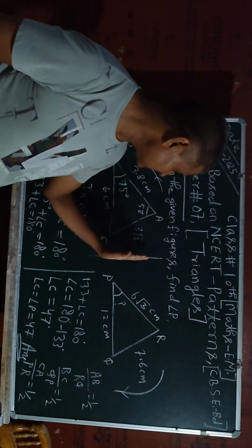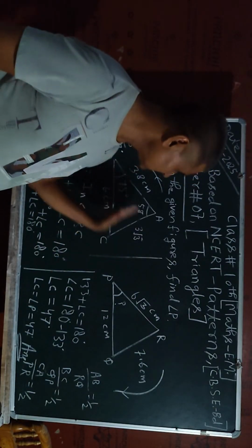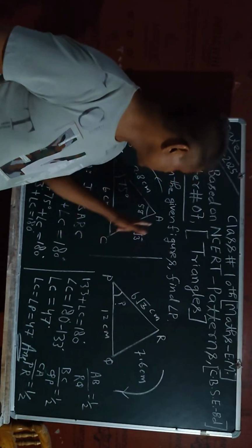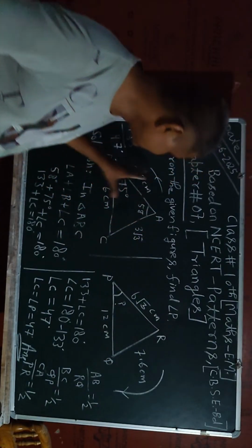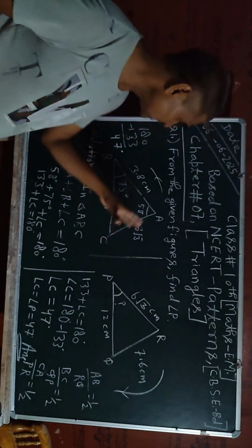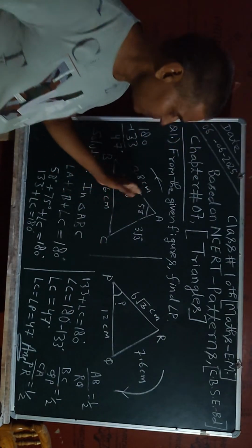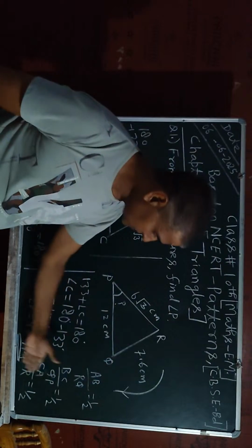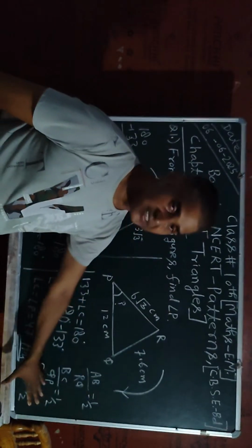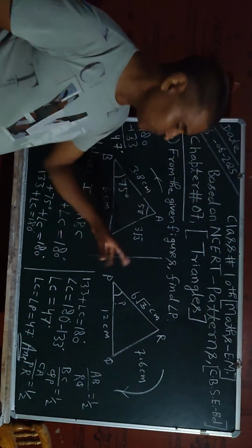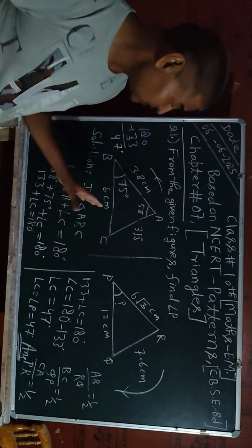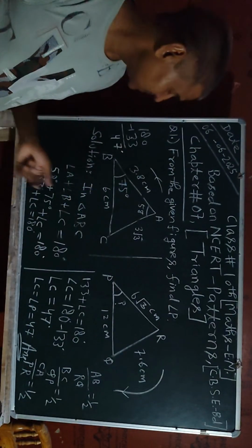If I take its mirror image here, its reflection will be there. Therefore, I will get a side proportionality. So all sides are proportional, with a ratio of 1 by 2. So both figures are similar with respect to the similarity criteria.